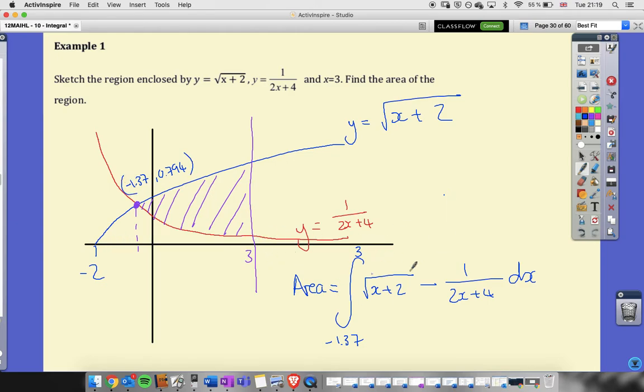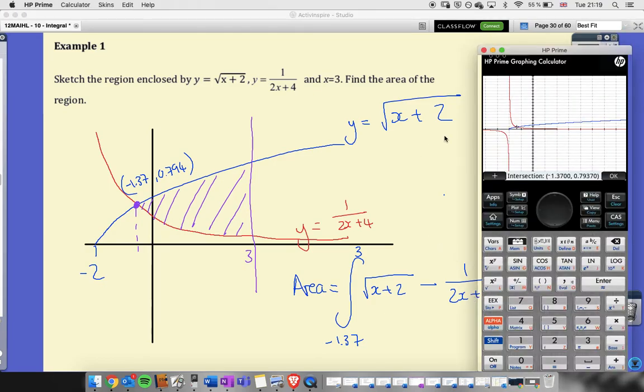Okay, and I'm going to get the calculator to find this area. We can do this on this screen. So I can go into function signed area. I want to go from this value that we've already found, that's the intersection point. I want to go below function 1 but above function 2 rather than just down to the x-axis.